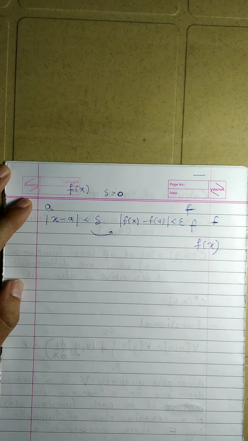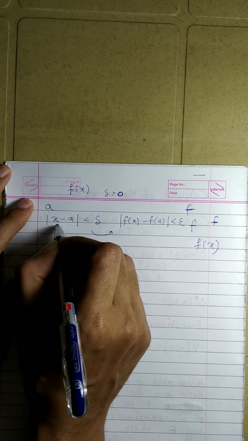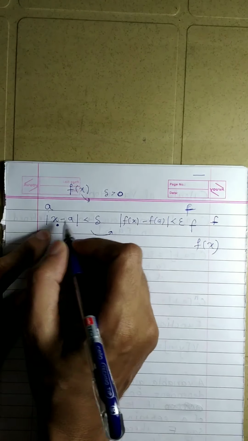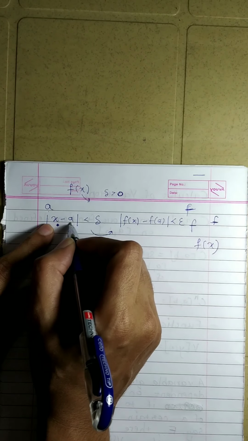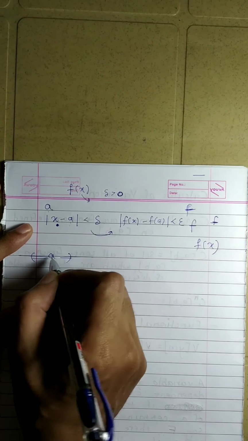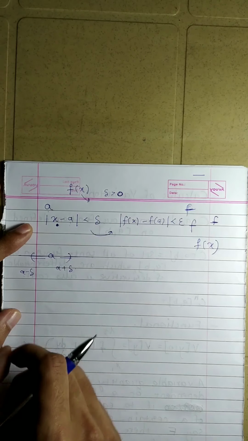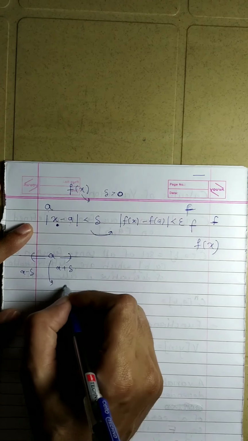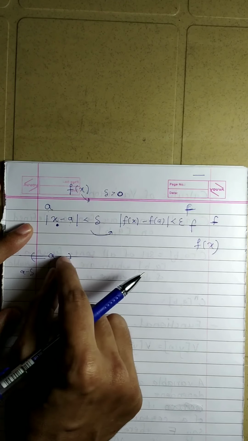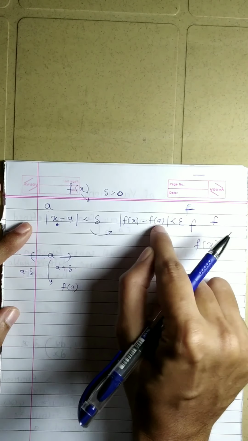So in other words, for a small change in the argument, that is x, which is called the argument of the function f, in the neighborhood of a, if I am considering this real line, in the neighborhood from a minus delta to a plus delta, for a small change in the argument, it should be true that there is a small change in the function value.